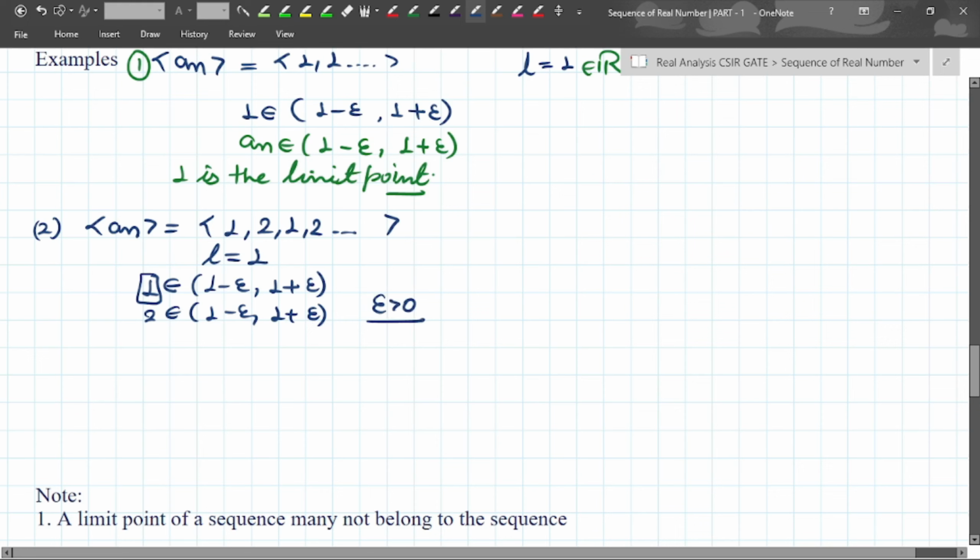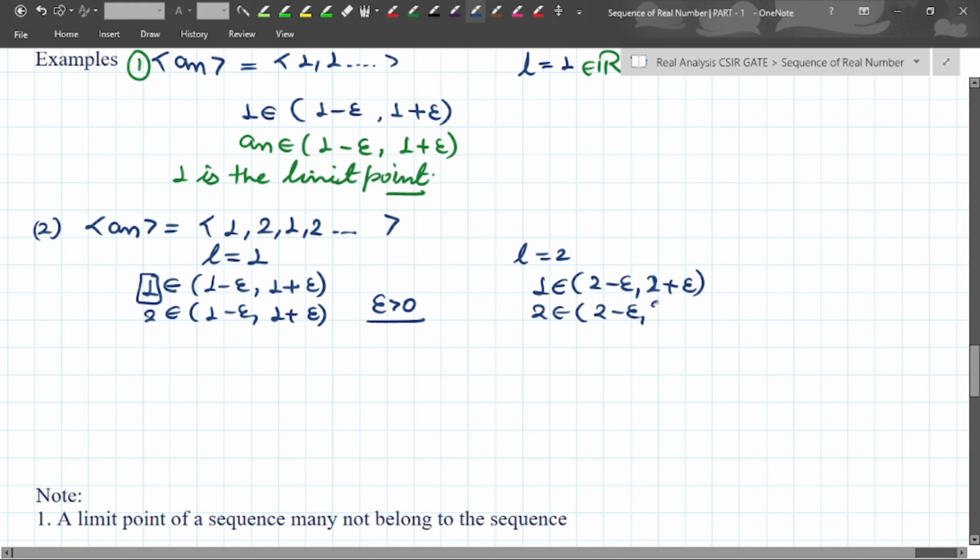Epsilon is greater than 0, so it can be 3. Then 2 will be contained in this. Similarly, if I write L equals 2, then you can see 2 minus epsilon, 2 plus epsilon. Again in this interval, all the terms, like 1 and 2, will be contained here.